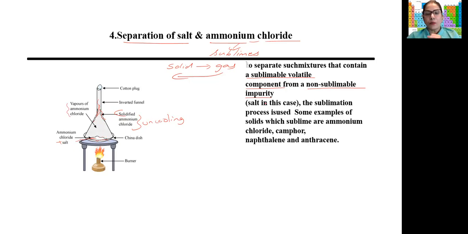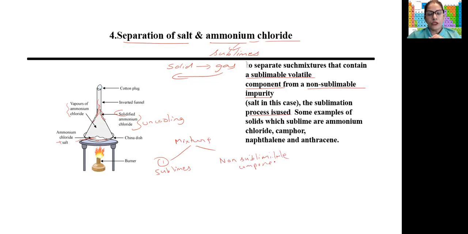So the sublimation process is used to separate the components of a mixture where one component sublimes and the other is a non-sublimable component.